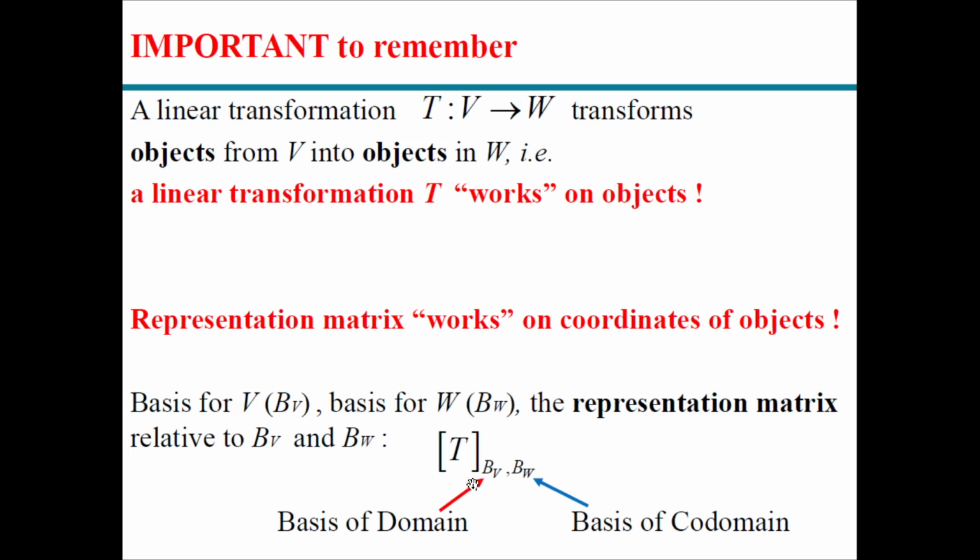We have the representation matrix of the linear transformation T relative to the basis of the domain BV and the basis of the codomain BW. So this is the notation and this is the order. In the book, they swap this order for some weird reason. So you need to be smart and use something that is quite intuitive. The first letter will denote the basis for the domain, and the second letter is the basis for the codomain. Just keep it simple.